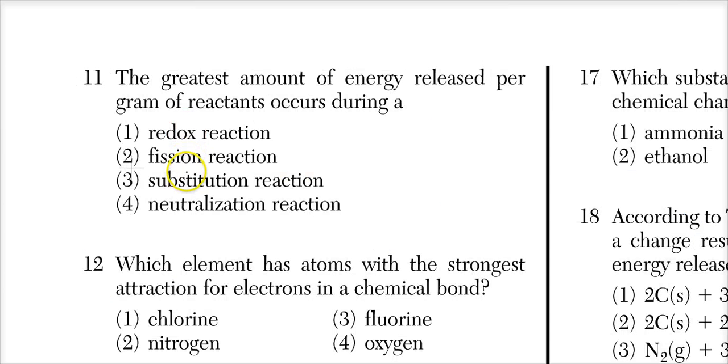Number 11, the greatest amount of energy released per gram of reactants occurred during a what? Well, you probably finished off in nuclear chemistry, and you probably should know that there are huge amounts of energy changes when it comes to the stability of a nucleus. Now the nucleus has something called a strong force.